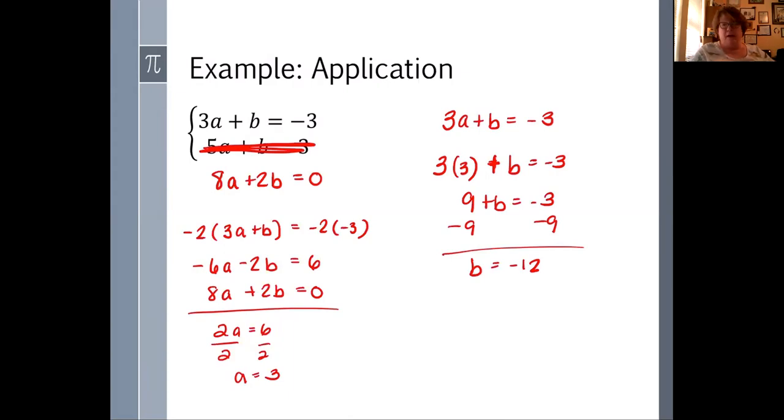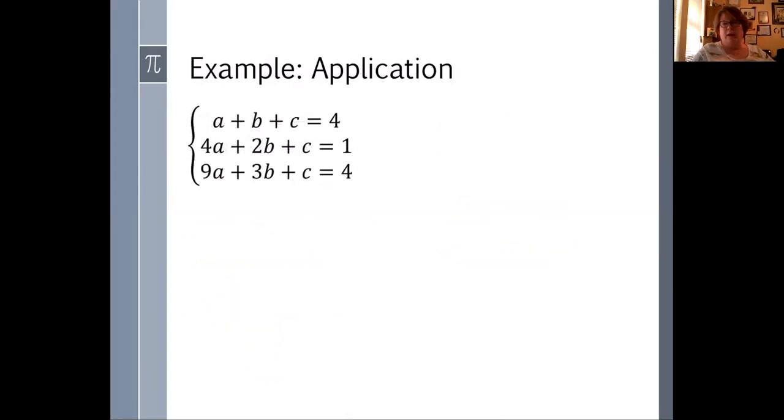So now I would need to find C. So I'm going to back substitute A is 3 and B is -12 into any of my 3 original equations, and I'm going to find C. So here are my original equations. I'm going to back substitute, and I would pick the first equation. That would be the easiest one to back substitute. So what did we have again?